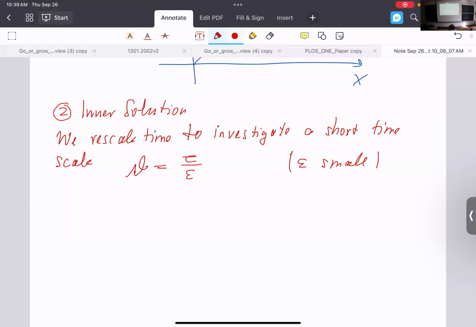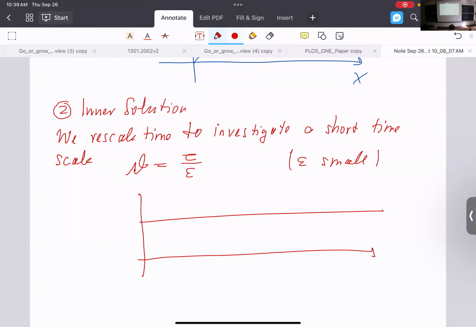But here's a graph of how you should see this. I'm plotting time on two scales. Time here in the tau scale and here in the theta scale. And let's say tau is days. So then I count the days 1, 2, 3, 4.